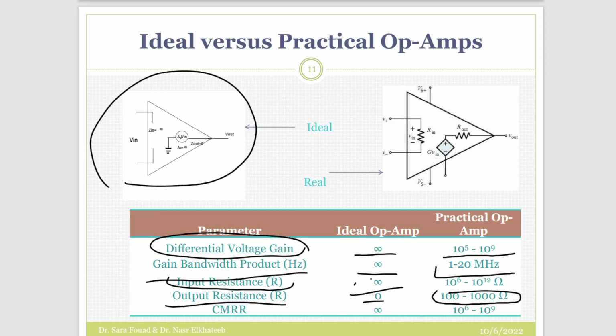The CMRR in the ideal operational amplifier is infinite, and in the practical operational amplifier it varies from 10 power 6 to 10 power 9.